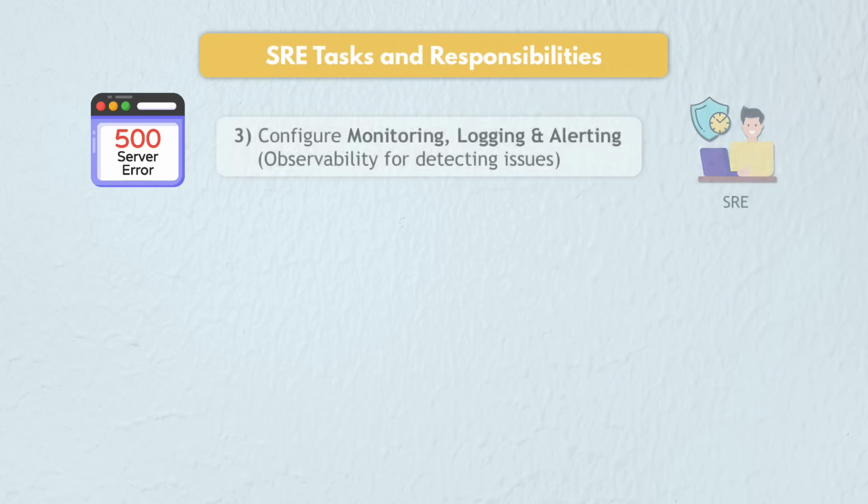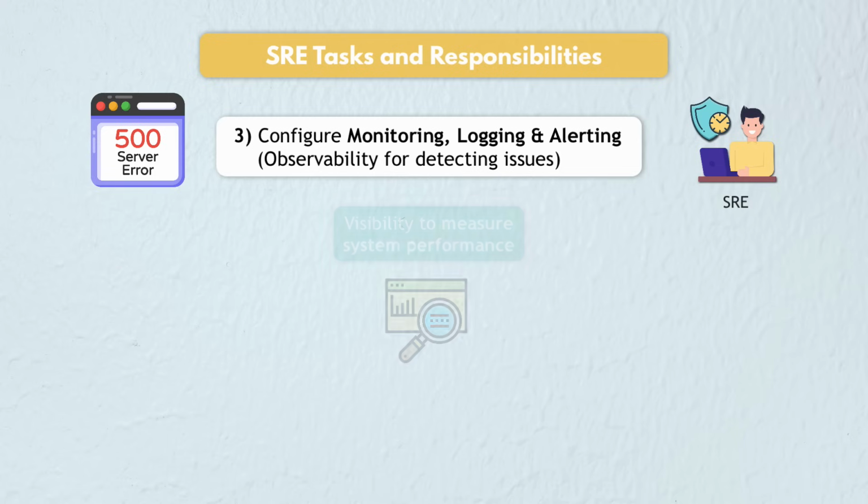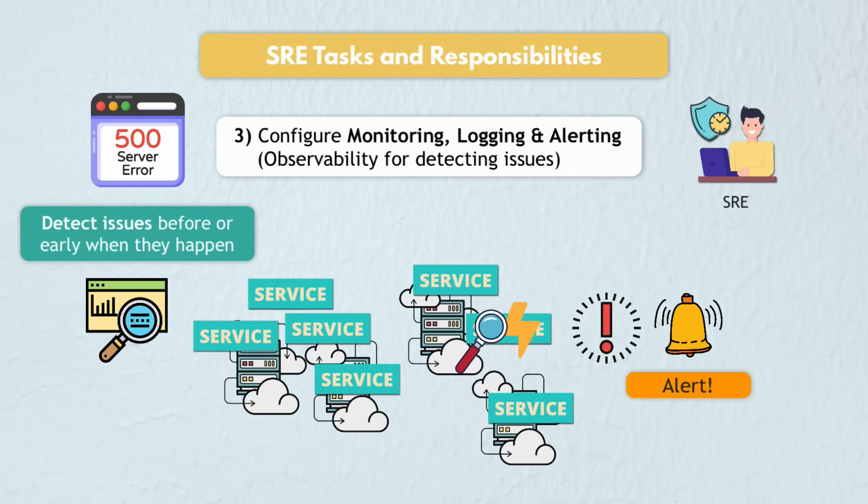The first one is monitoring and alerting, which I already mentioned. So in addition to giving you visibility to measure your system's performance, but more importantly, it helps you detect any indications of issues before they happen or very early when they happen, and then alert the teams about it.